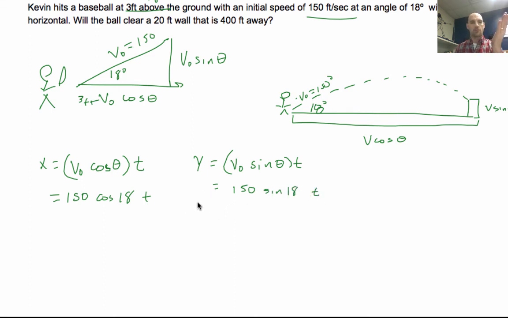Well, what do I know? I don't necessarily care about the ball when it's at its peak, or when it leaves the bat. I care about where it's at 400 feet. So I'm going to say 400 feet is equal to 150 cosine of 18 times t. Why do I care about that? Because I need to know how many seconds it's flown.